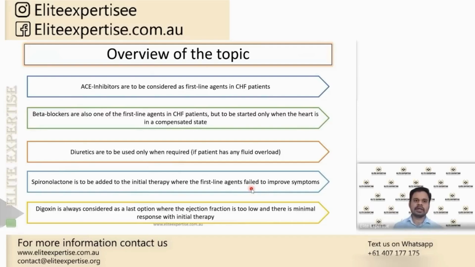Okay, so that's why we'll never try to put the patient on digoxin as a first line. And also when we put the patient on digoxin, we always try to make sure that we reduce the dose as small as possible. Okay, and we should not put the patient on digoxin for a long term. Okay, so these are a few important take-home points related to congestive heart failure.